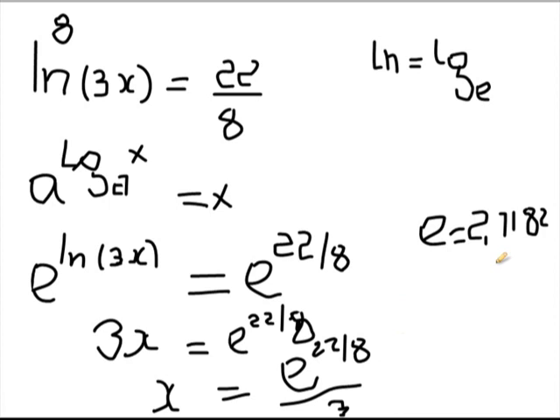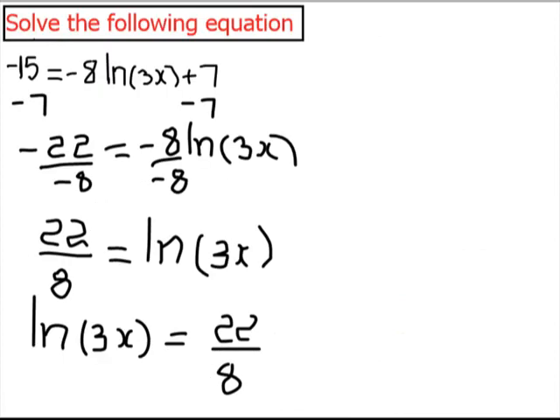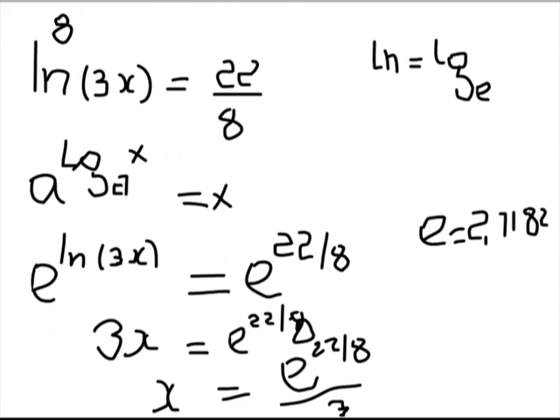So remember what we had. We had this equation, and we managed to isolate the natural logarithm on one side. Since we have the natural logarithm on one side, we use this formula. This formula is very interesting. It says if I have a base raised to log of this base of a value, that's equal to the same value.